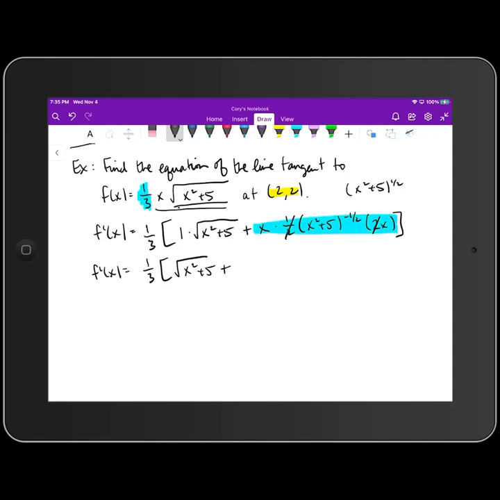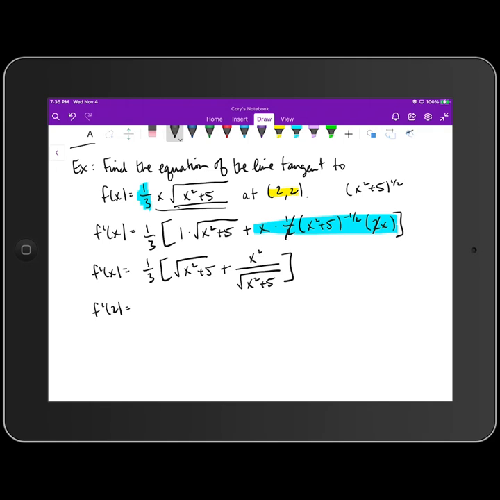And then I'm going to rewrite that entire quantity back in the form of a radical because it's going to make it easier for me to evaluate. So we get x times x, which makes the numerator x squared. And then x squared plus 5 to the negative 1/2 power puts a rad x squared plus 5 into the denominator. Once I have the derivative written in this form, I can go ahead and evaluate that derivative at 2.